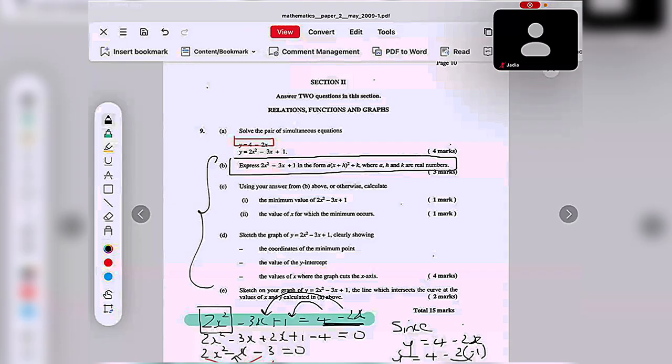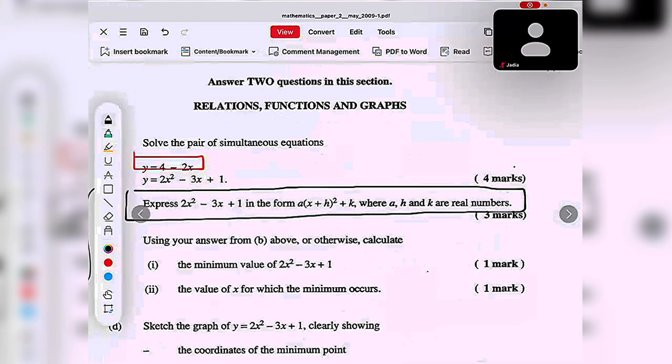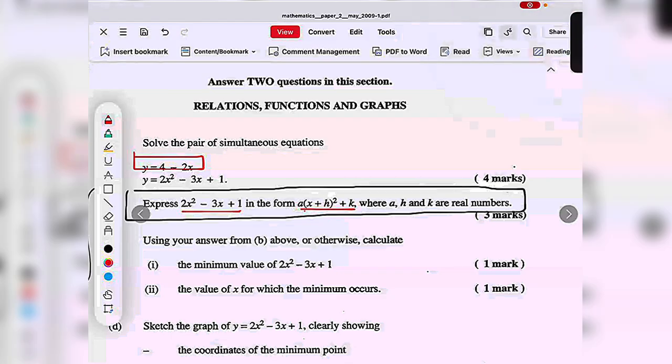All right, so we have some formulas that we need to recall. To get this expression to be in this form, we need to obtain 3 values. What are those 3 values that we need to find? a, b, and c.